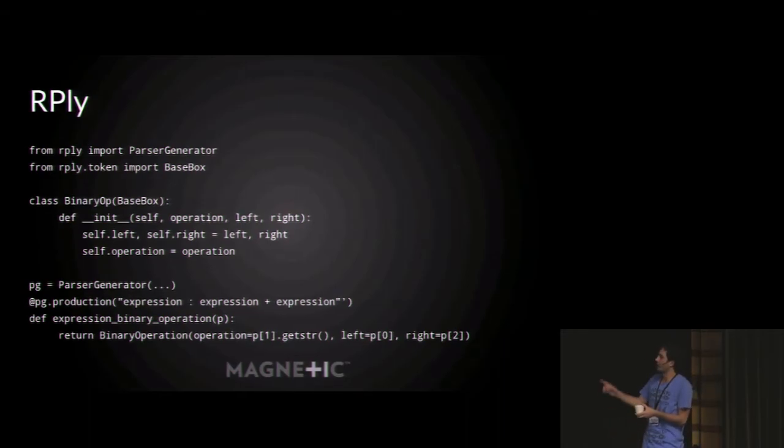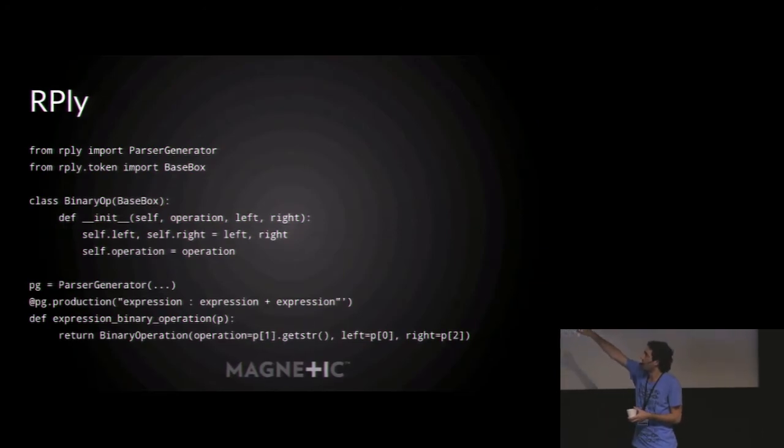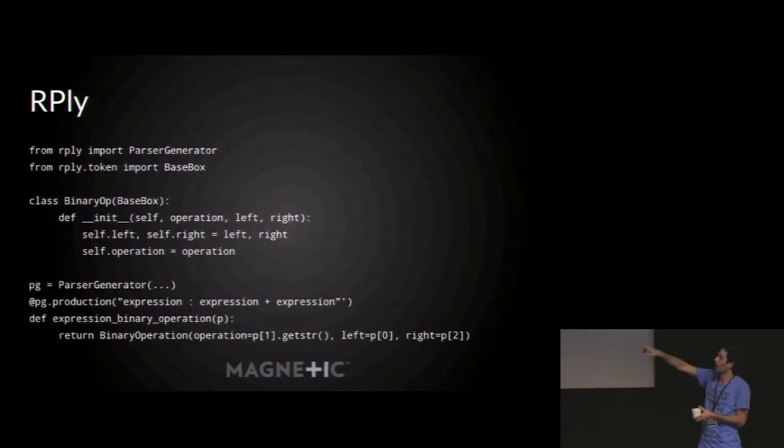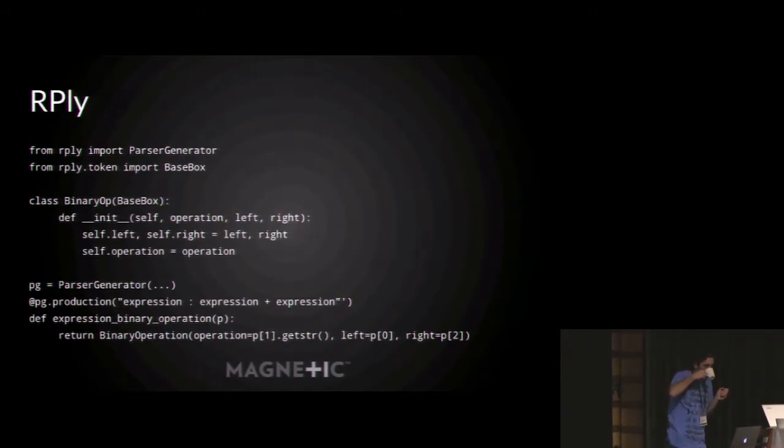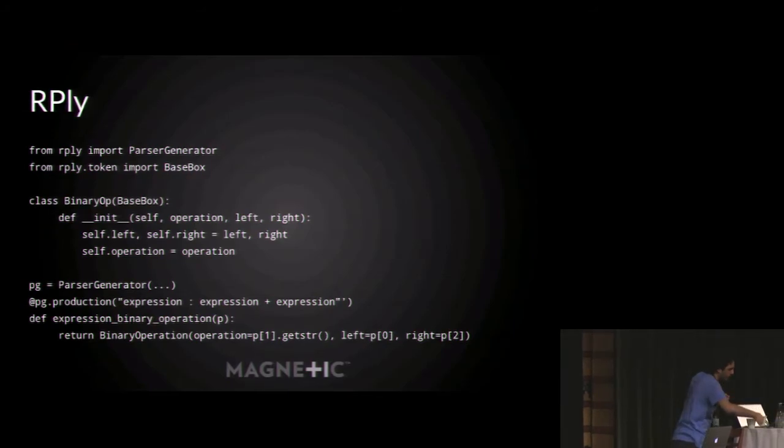So what does this mean? This line here is sort of the key. It's a decorator called pg.production, and it has this weird syntax in there, expression colon, expression plus expression. If you're familiar with EBNF or context-free grammars or any of those things, then you can probably guess what that is.